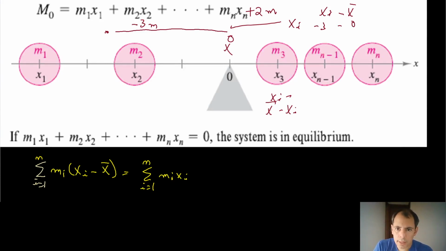Okay, so coming back to this equation that I'm doing, now we're going to have minus, and we want something to be in equilibrium. So it'll be minus the summation from i equals 1 all the way to n of mi times x bar.